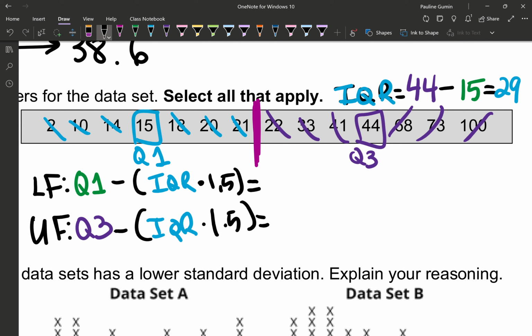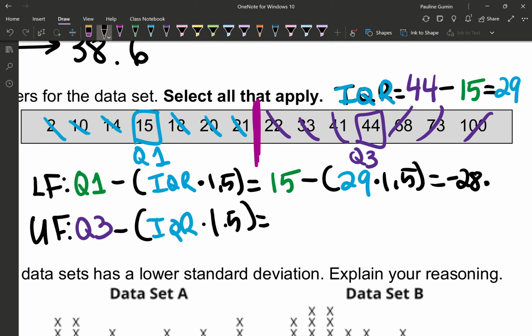Both of these can just go straight into your calculator, but let's write it out. So I've got 15 minus 29 times 1.5. When I put that into my calculator, I got negative 28.5. So do I have anything on my list that is smaller than negative 28.5?